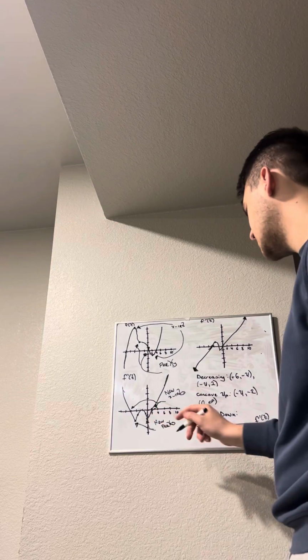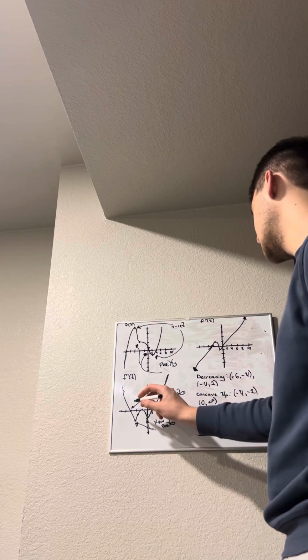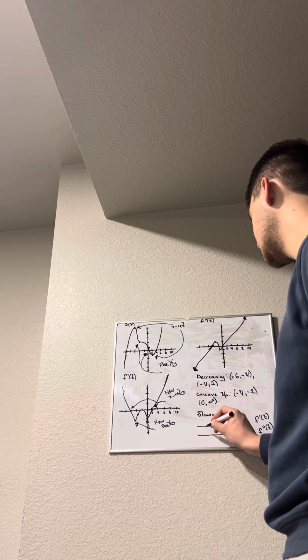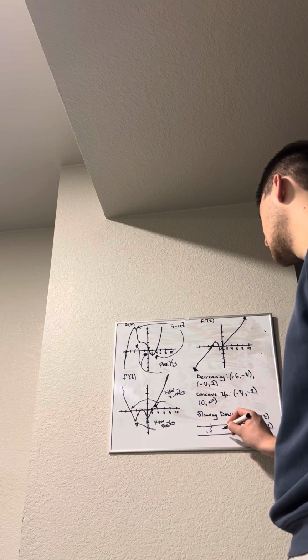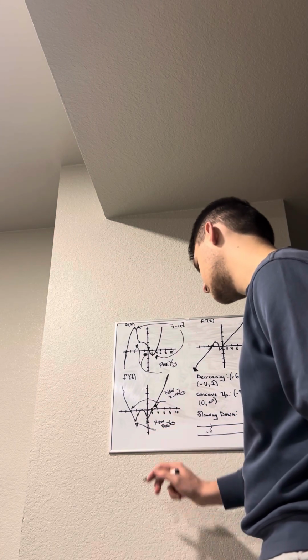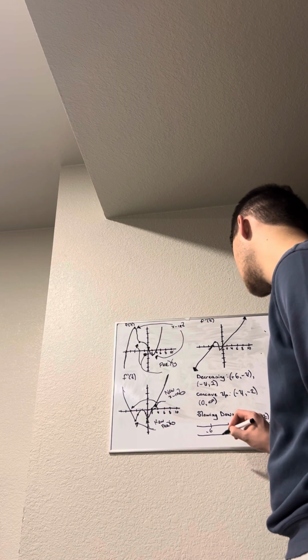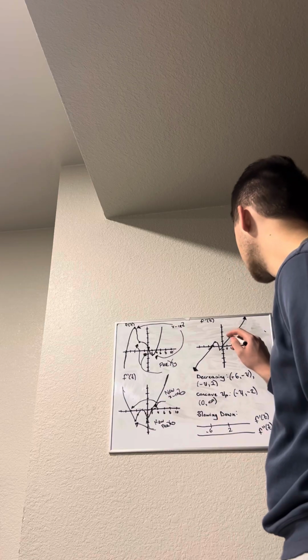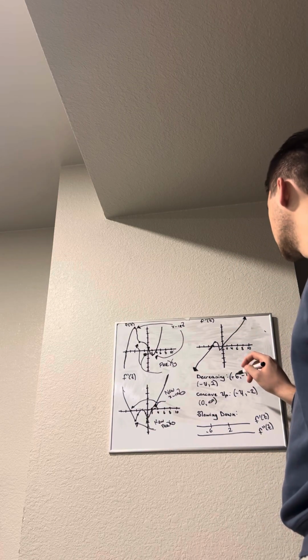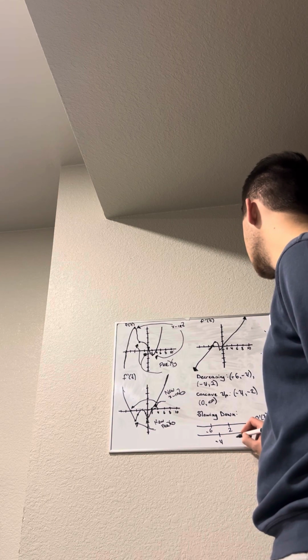So for the first derivative, the x-intercepts are -6 and 2, and then for f double prime, the x-intercepts that we have are -4 and 0.